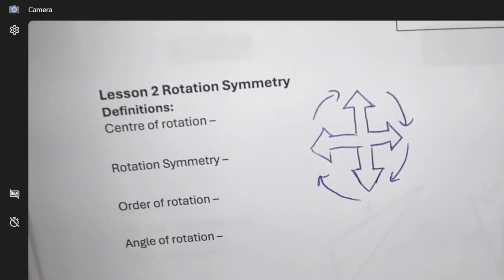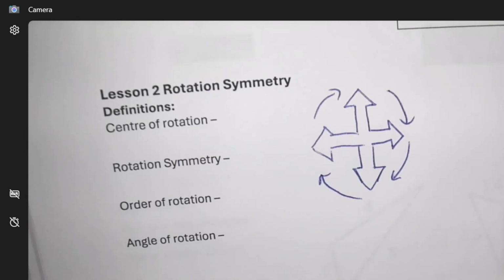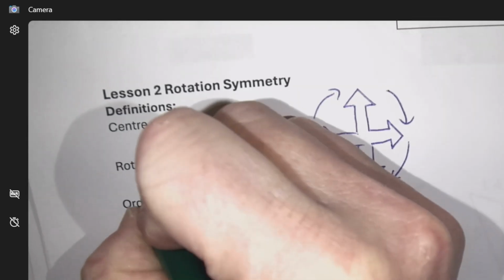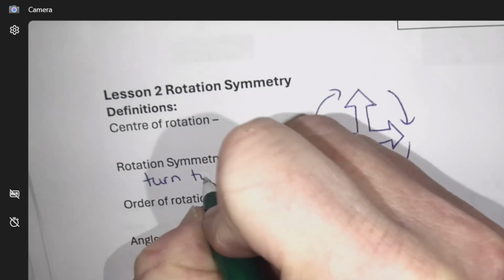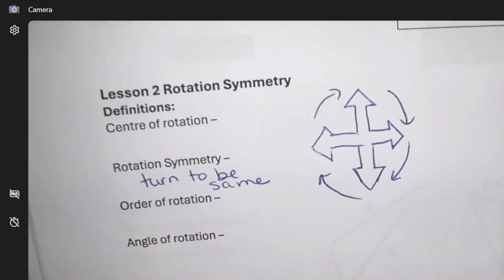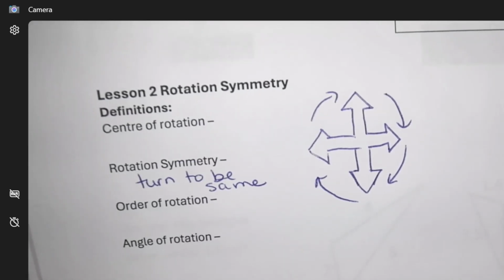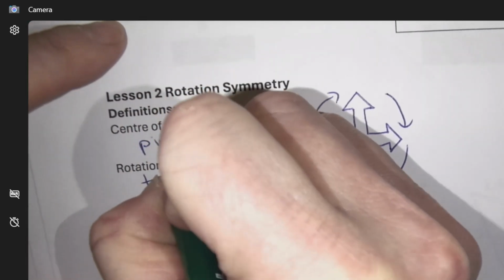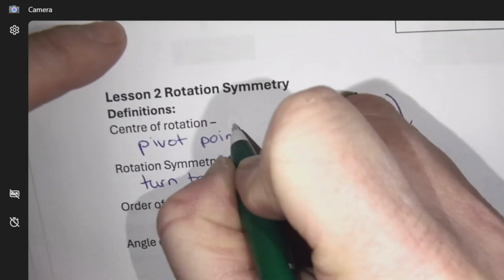Turning it like a doorknob, rotating. So rotational symmetry is turning it to be the same. The center of rotation would be the pivot point.